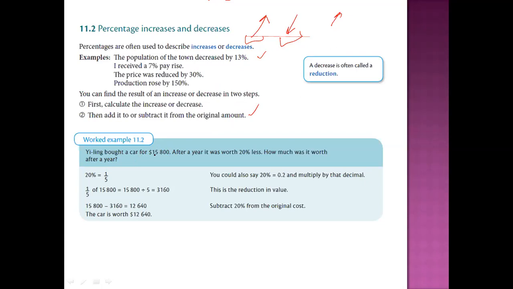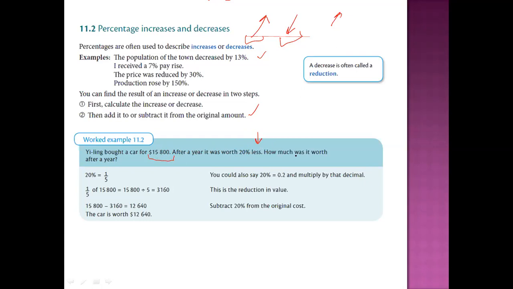Yiling bought a car for $15,800. After 1 year, it was worth 20% less. Less means decreased.